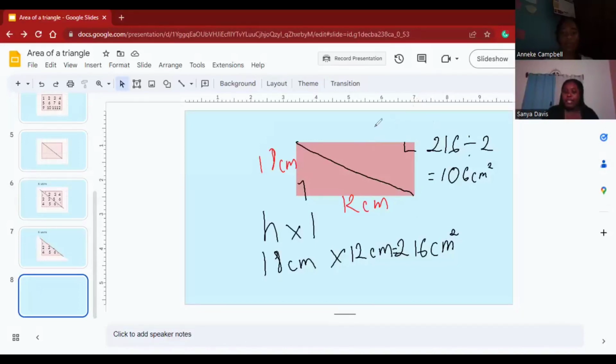So I'm going to add 108 two times to see if I'm going to get 216. So it is 108 plus 108. And yes, it indeed gave me 216.